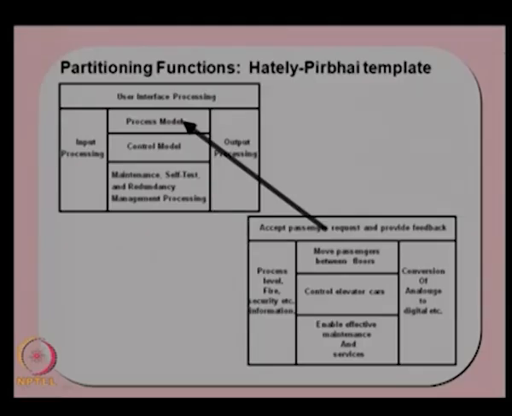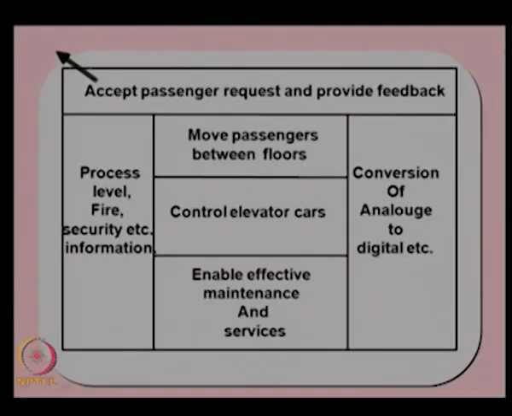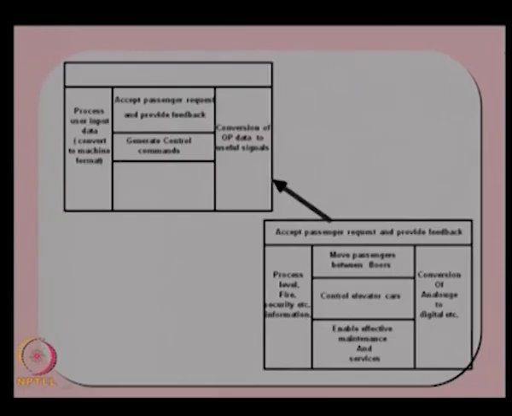So, instead of the earlier process model of move passenger between floors, the present process model will be accept passenger request and provide feedback, and again we will see what kind of interface processing is needed, what kind of input processing is needed, and what kind of output processing is needed. So, these things will be identified and we will provide the functional decomposition. This is the previous one where move passenger between floors was decomposed into 5 functions, and we will convert this into the sub function here.